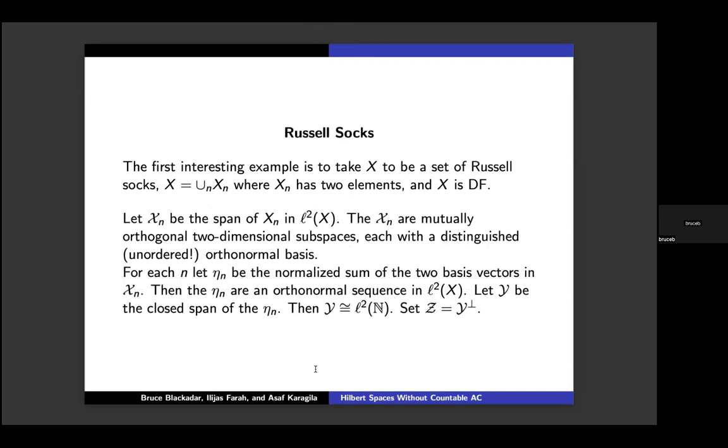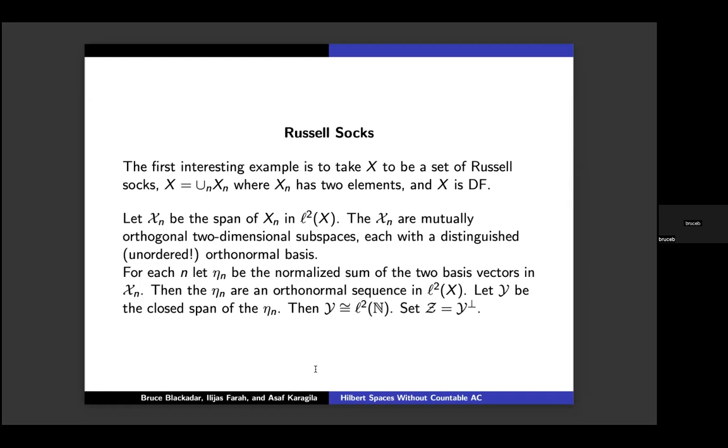Okay, so here's the first interesting example to look at. Let's take X to be a set of Russell socks. So X is a disjoint union of a sequence of 2 element sets, Xn, and it's DF. So if you take script Xn to be the span of Xn in L2 of X, then these are mutually orthogonal 2-dimensional subspaces, which span the whole space.